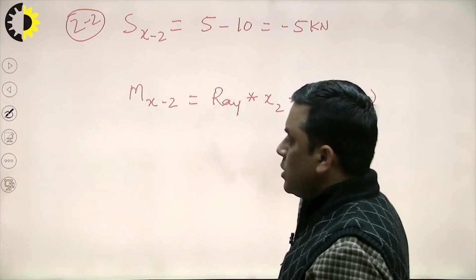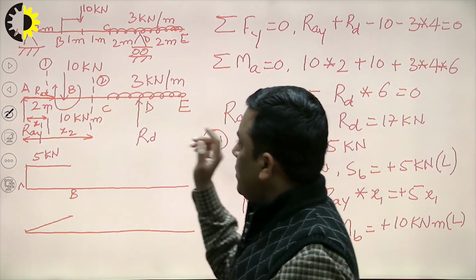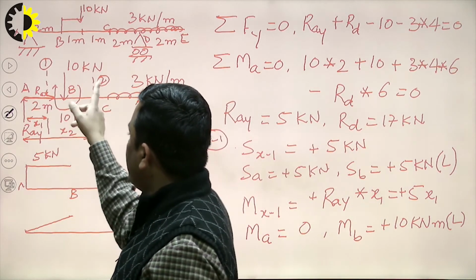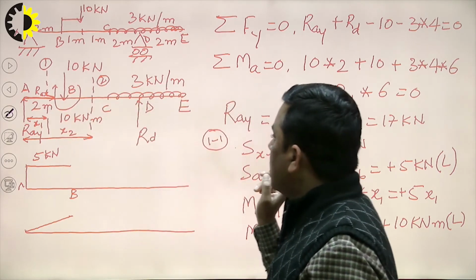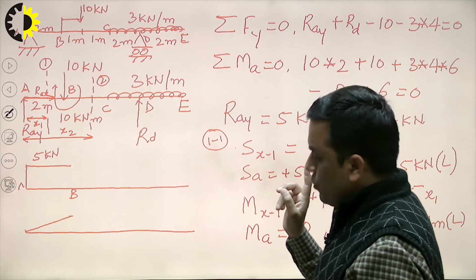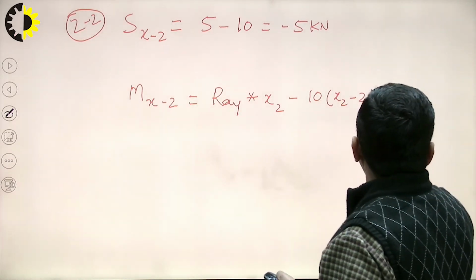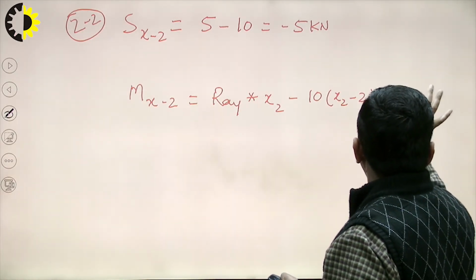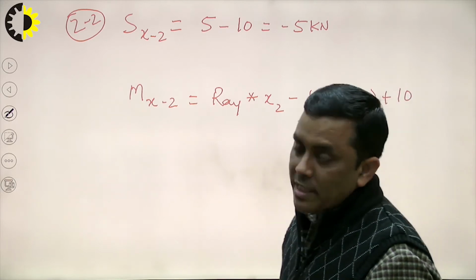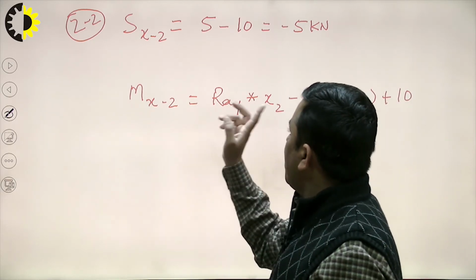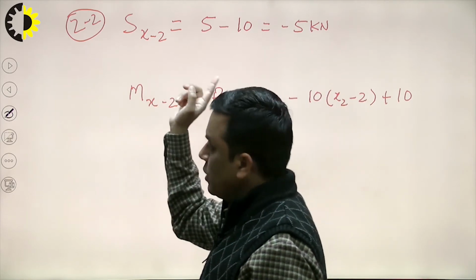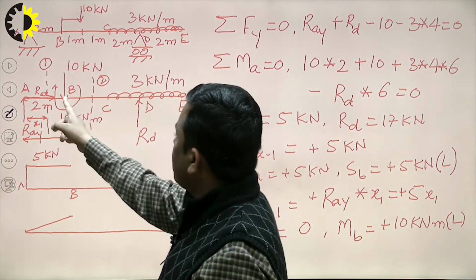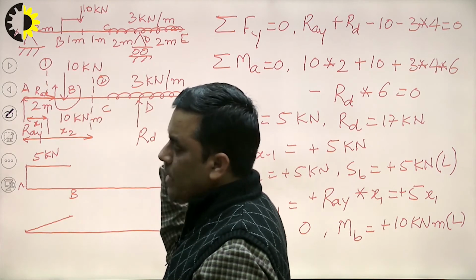There is another moment here, on the left side of the section plane and clockwise, so this will also be treated as positive. So, plus 10. This will be the equation for section plane 2 for bending moment. This equation is valid from just right of B to point C.